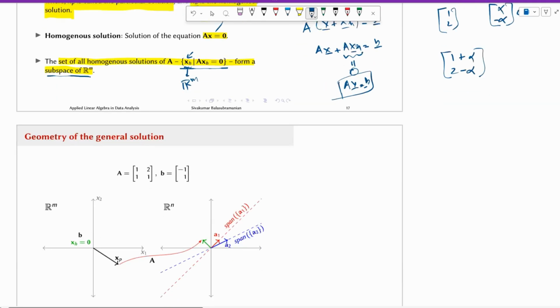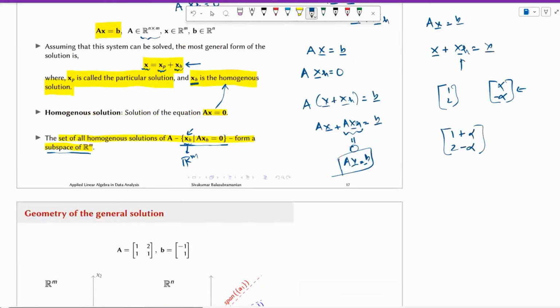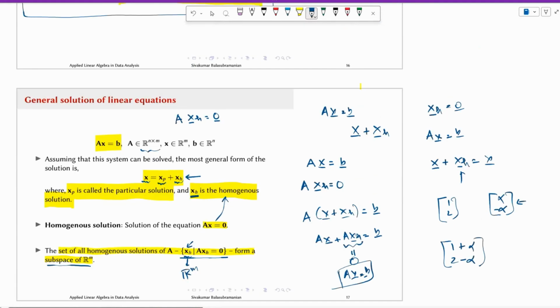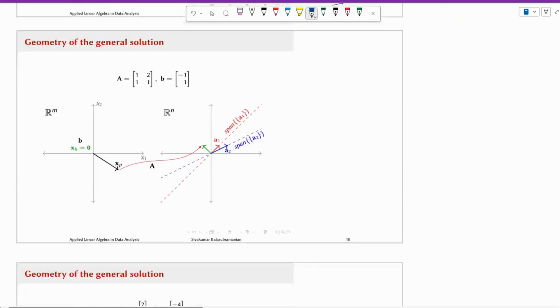Now we will look at the geometry of the solutions that we have for different types of equations that have a unique solution or infinitely many solutions. Remember that if you have an n cross m matrix, one interpretation of a matrix like this is that it's a linear transformation.